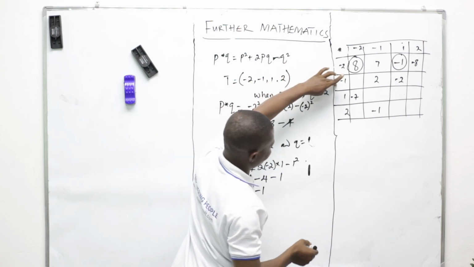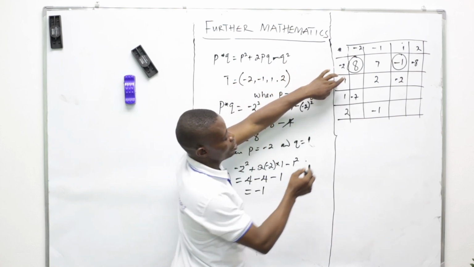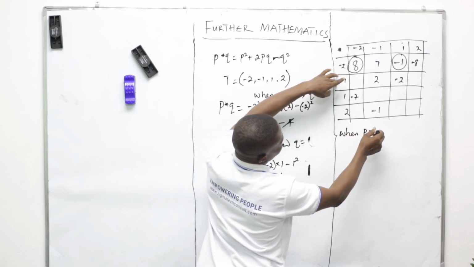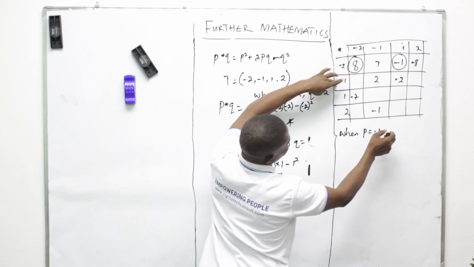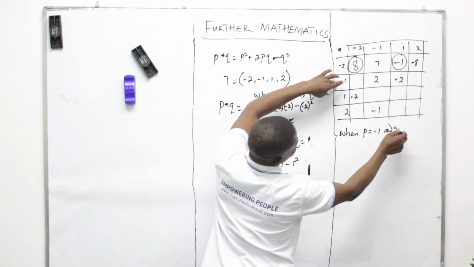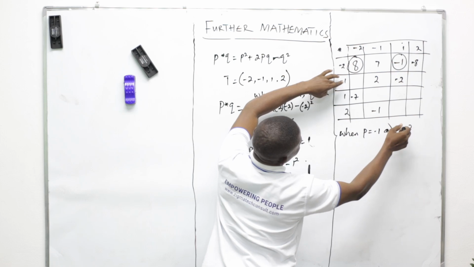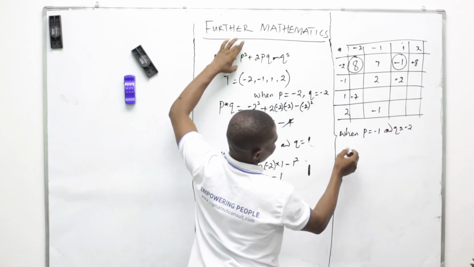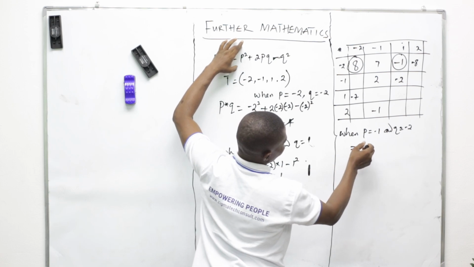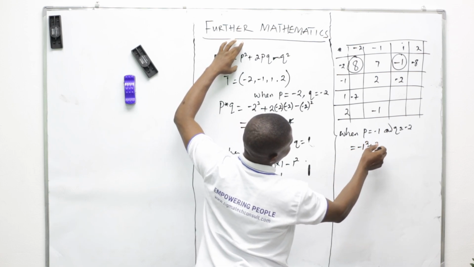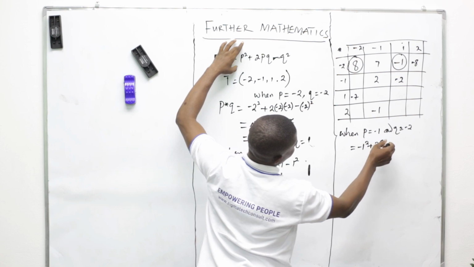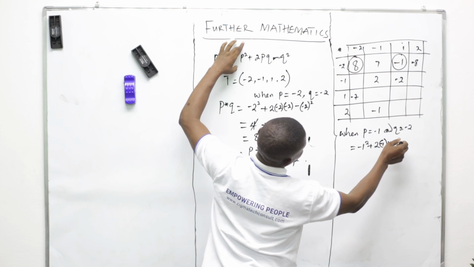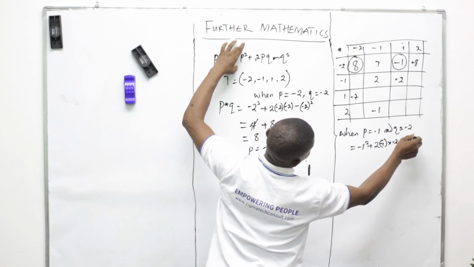And when P equals minus 1 and Q is minus 2, then this formula here will give us minus 1 squared plus 2 into minus 1 times minus 2 minus bracket minus 2 square.